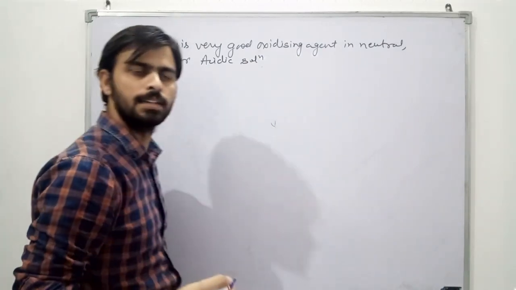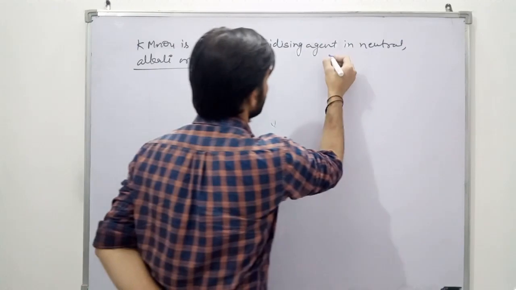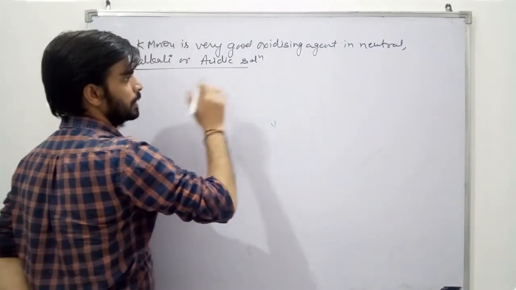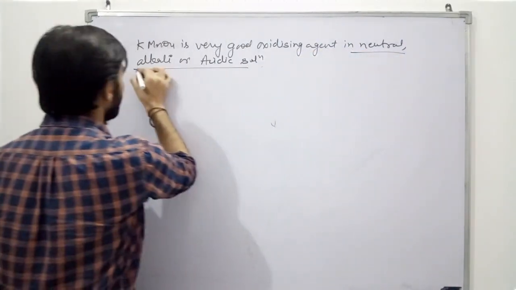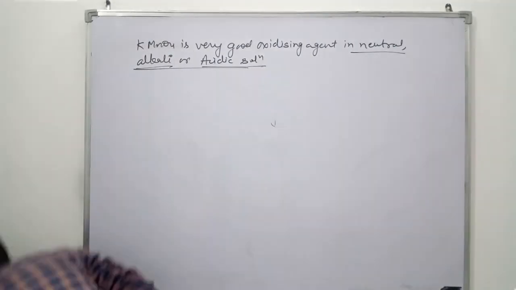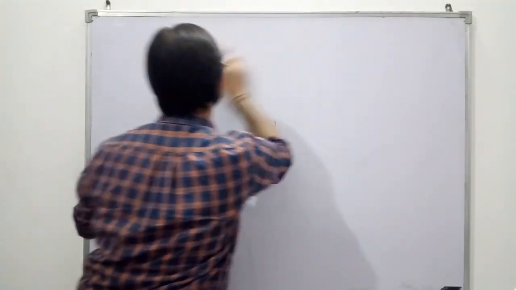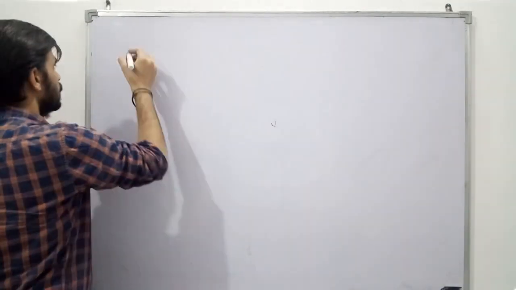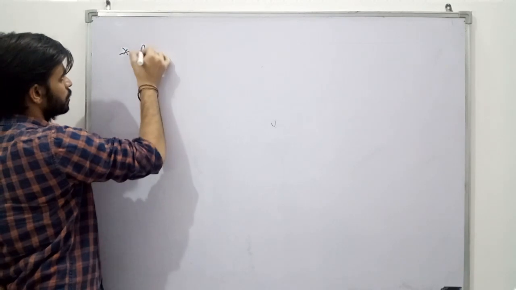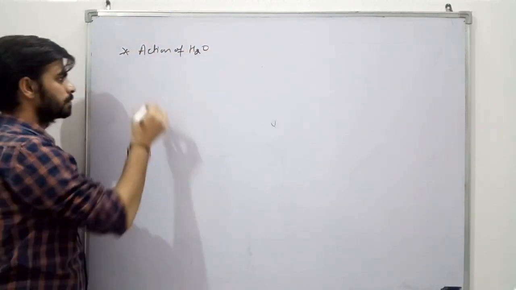So let's discuss all the properties of KMnO4 in neutral, alkali and acidic solution. So let's start with the neutral solution. Action of water. Neutral means water.